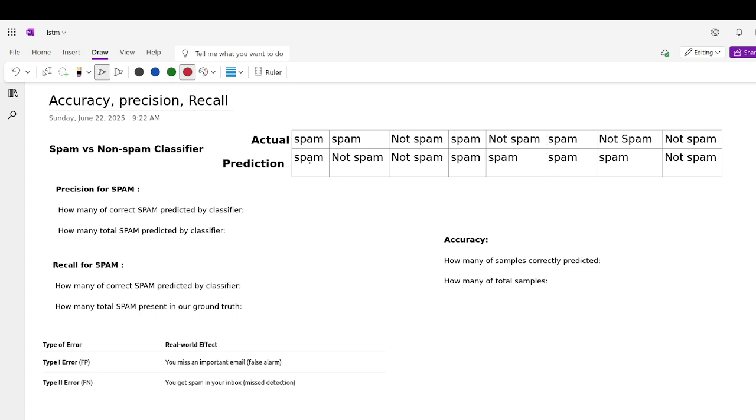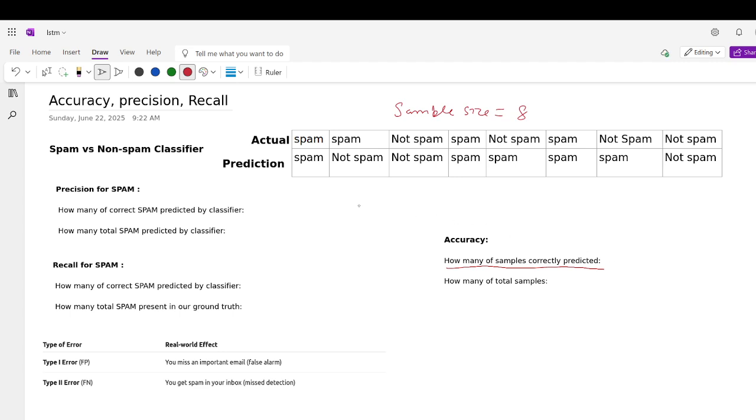Here I took a total of 8 samples. The sample size is 8. These are the ground truth classes, and these are the classes predicted by the model itself. So let's calculate each of the metrics by hand. Accuracy is very simple. The numerator is how many samples were correctly predicted.